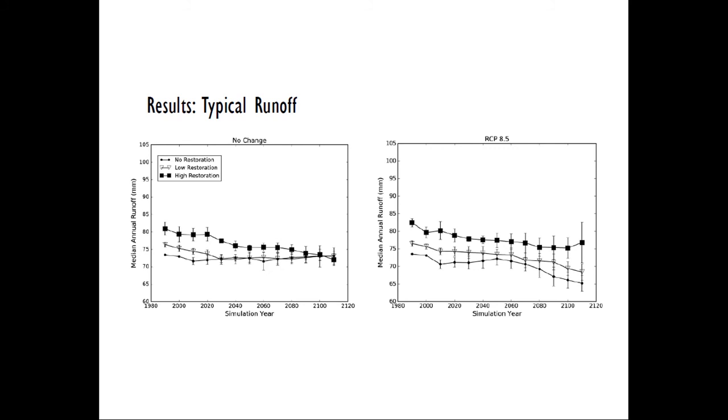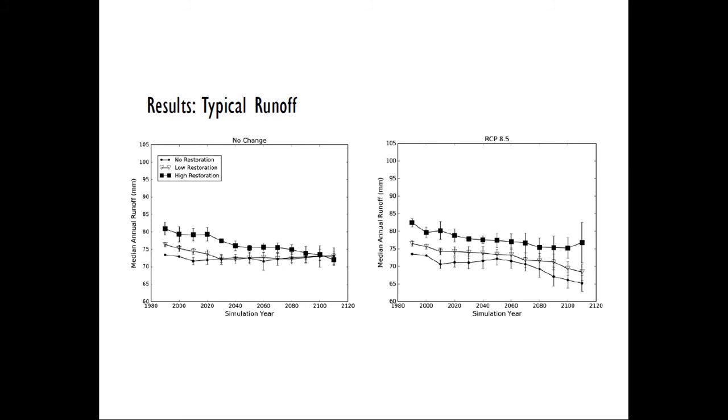Without climate change, we actually see that with higher restoration, initially the restoration has a positive effect as we're getting that transient increase in runoff due to the restoration, but it all converges on the no restoration scenario as that happens.